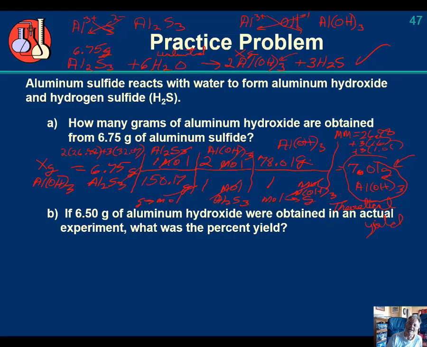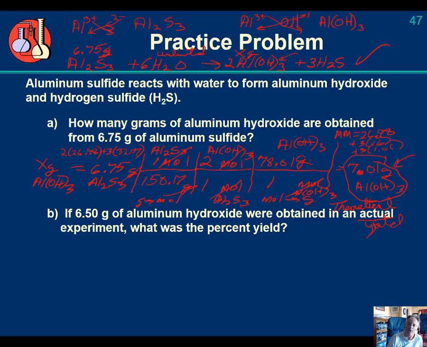But I never get there. I never quite get, even in a really good reaction, the entire theoretical yield. I get some fraction of the theoretical yield, some percent of the theoretical yield. So I get what we call an actual yield.